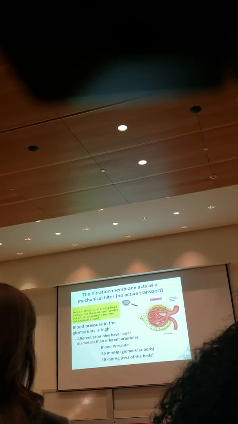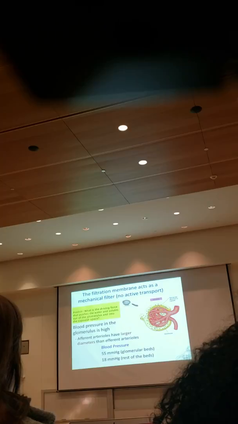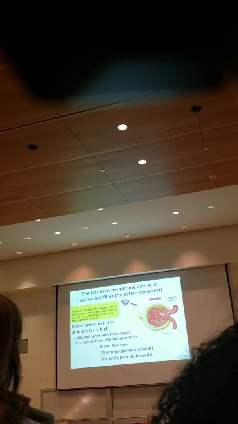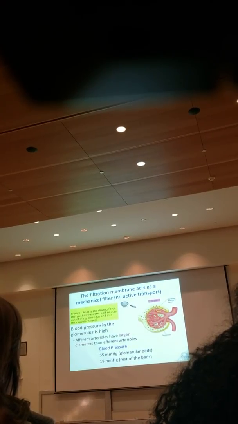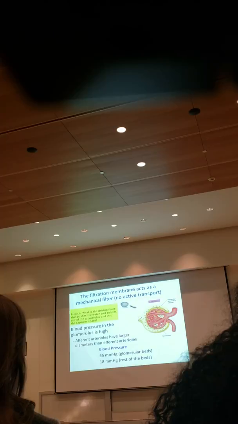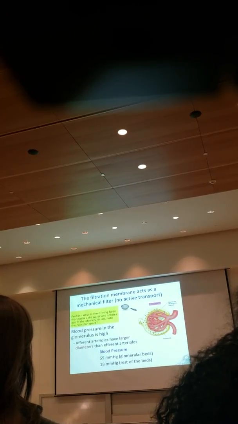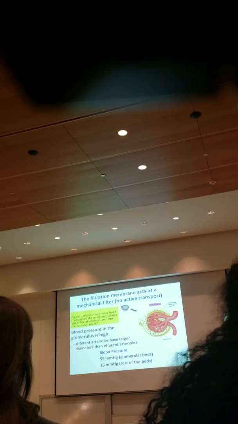And we create that blood pressure by changing the diameter. We have a large diameter for the afferent, for the entrance, and a small diameter for the exit. So we create a great gradient, right, inside that area, inside the nephron.